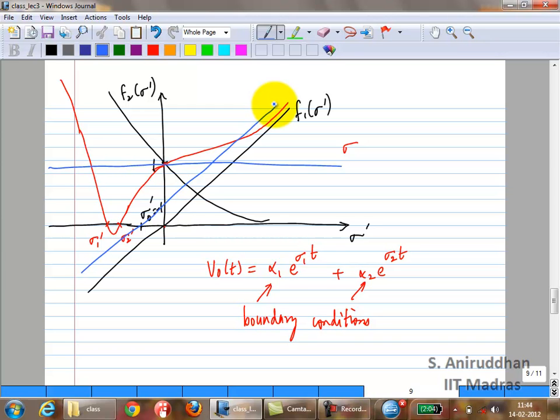In general, if TD is greater than 0, you'll find that sigma 1 prime and sigma 2 prime will be a more negative value than minus 1. You won't find the roots lying between 0 and minus 1.